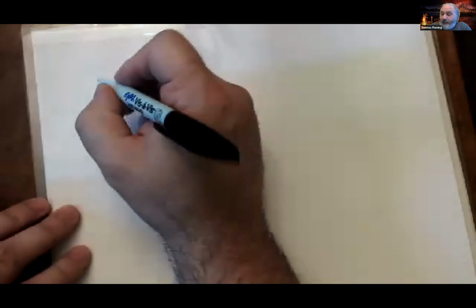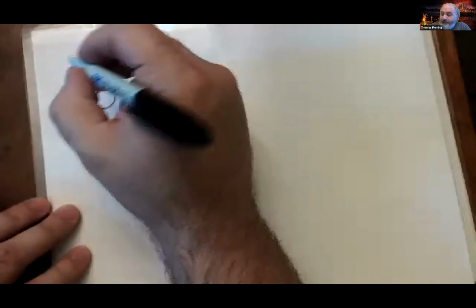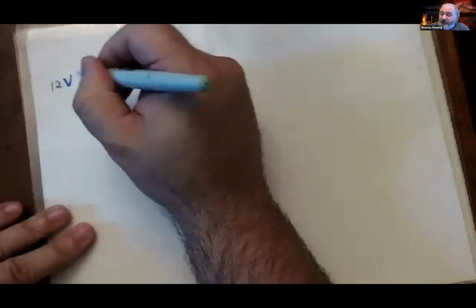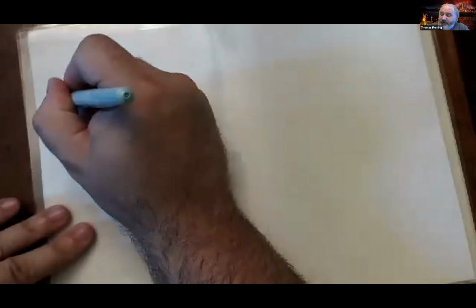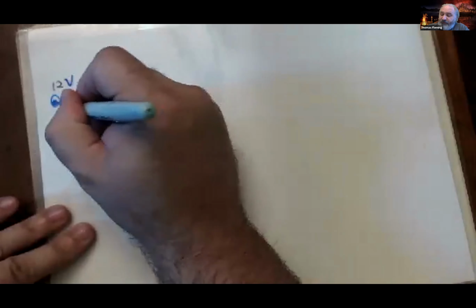So let's imagine that we've got an RLC circuit and it's driven by some voltage. Let's say that we've got 12 volts AC, and that's driven at 60 hertz.